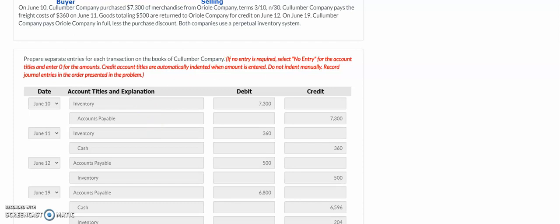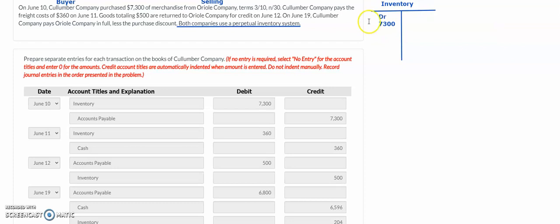One thing I want to highlight is that both companies use a perpetual inventory system, which means they have an actual system to keep track of all of the amounts going in and out of their inventory. So for our inventory account, we're going to start off with a debit to inventory for the purchase on June 10th of $7,300.